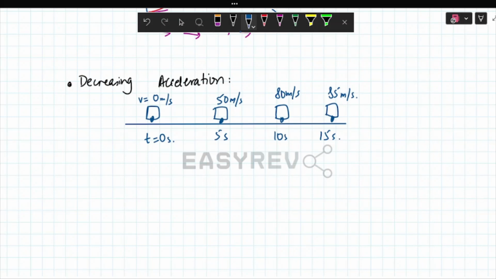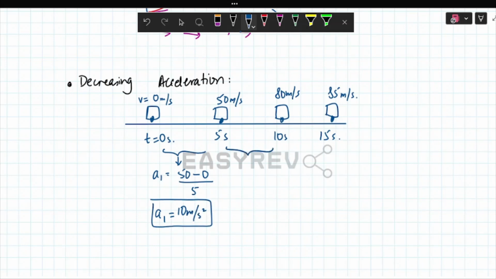Once again, we can quantify this better by calculating values of acceleration for each equal interval of time. Let's take the first interval, where we get 50 minus 0 divided by the 5-second interval 5. Here we get 10 meters per second square.